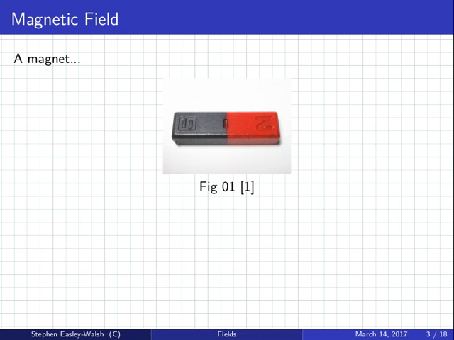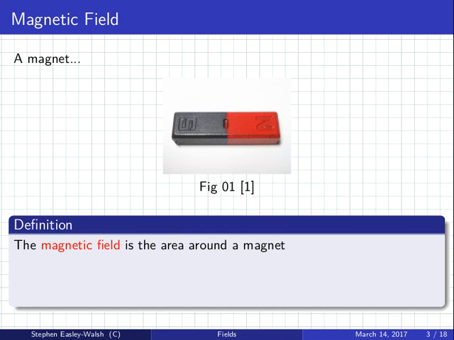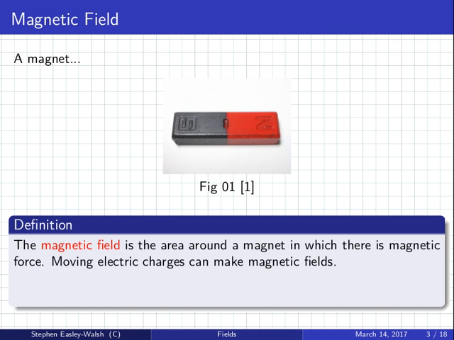Alright, so a magnet. You all know these from your childhood. And you know that it has 2 parts, a north and a south. So what exactly is the magnetic field? Well, that's the area around a magnet in which there's the magnetic force. That's basic.